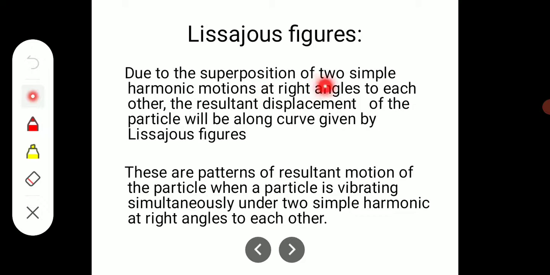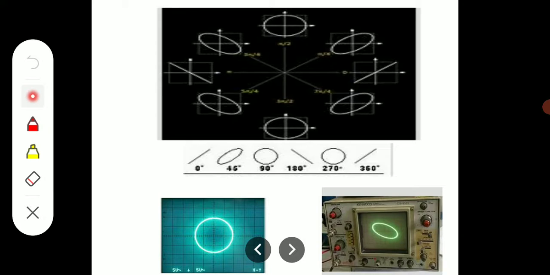So if they are at right angles to each other, the resultant displacement of the particle is along the curve, and those patterns are called the Lissajous figures. These are the patterns of the resultant motion of the particle when it is vibrating simultaneously under two simple harmonic motions at right angles to each other. So these are the figures of Lissajous.